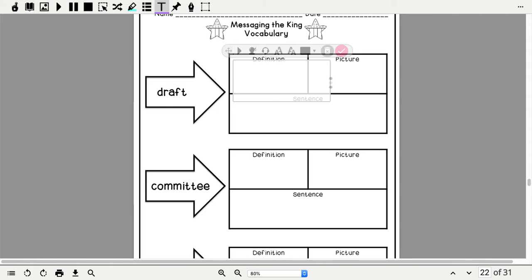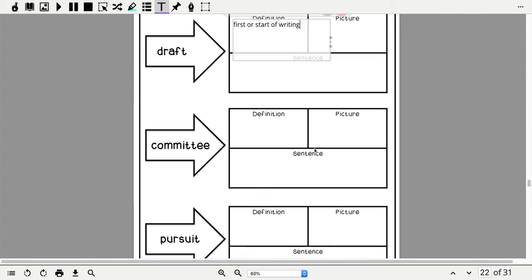There's a lot of different ones. So when you're doing a first draft, it's the first, a start of writing. So draw me a picture and give me a sentence.